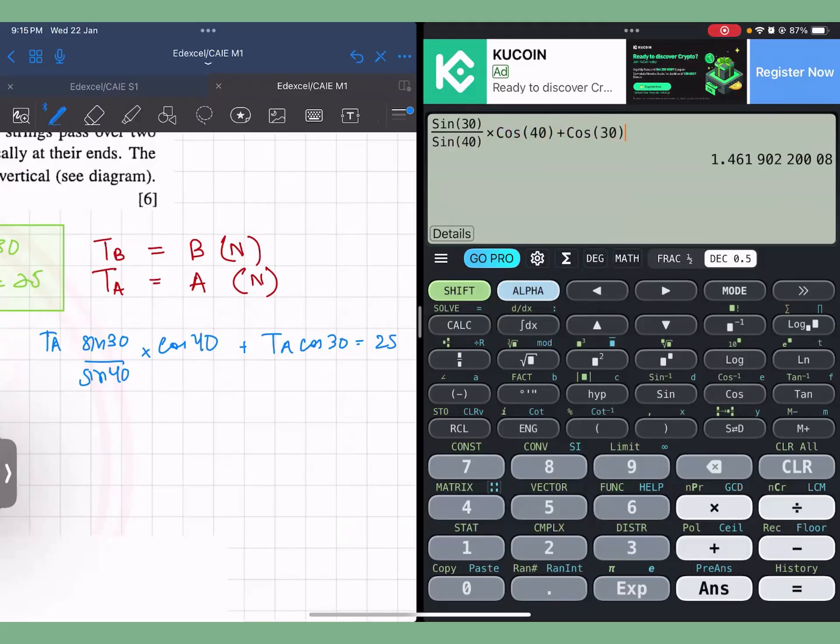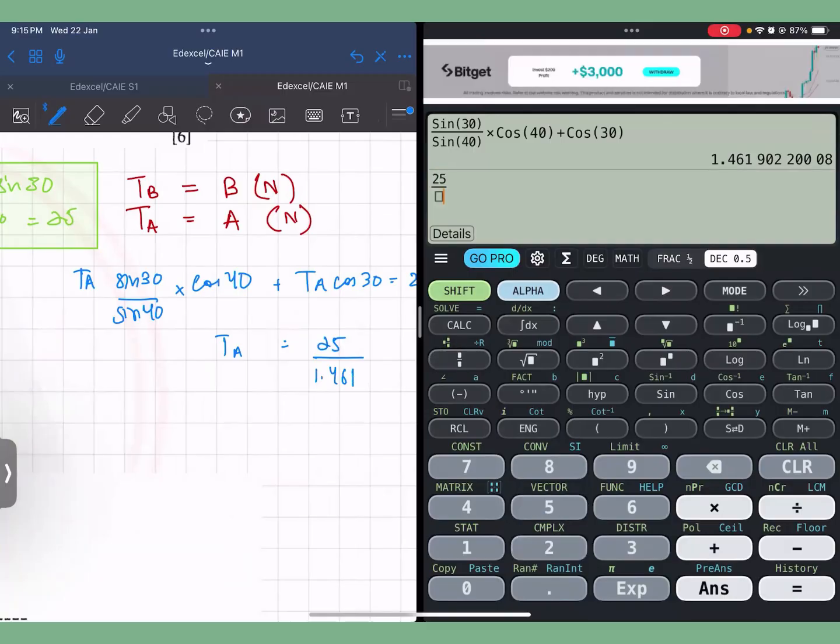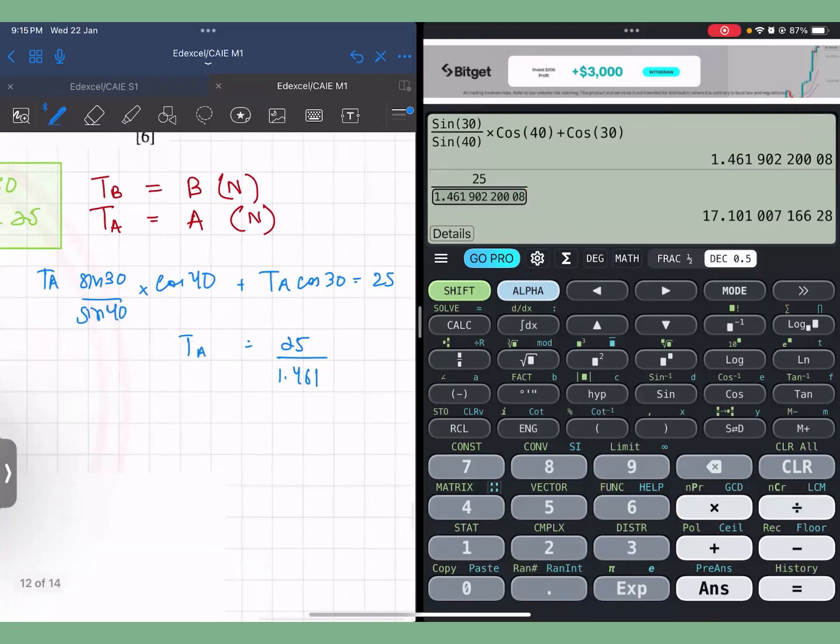So you have taken TA common, and the answer of this bracket goes into the division of 25. So TA would be equal to 25 upon this answer, which is 1.461. So 25 divided by this answer is 17.1. So 17.1 Newton is the answer for your TA.